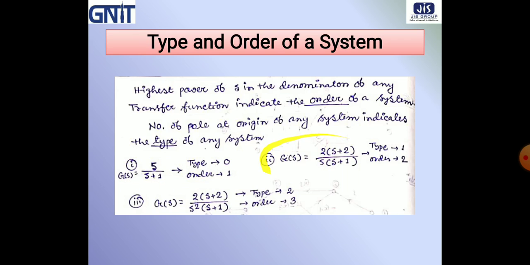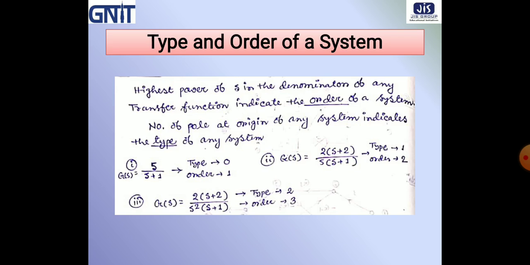If we take this example, we can see that the number of poles present in the system is 2. The total number of poles present in the system, mind it, in the system, not in the origin, is called the order, or the highest power of s, that is s square, that means 2.